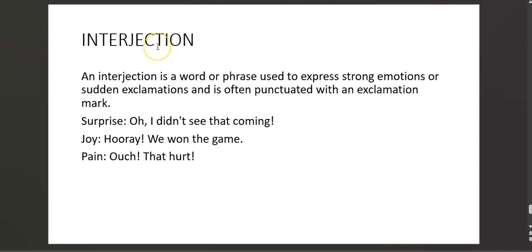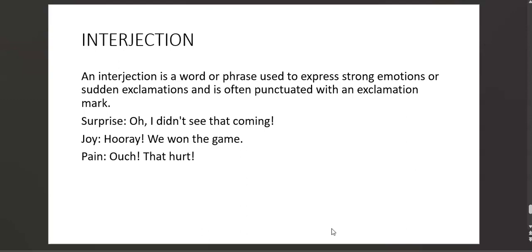An interjection is a word or a phrase used to express strong emotions or sudden exclamations, and is often punctuated with an exclamation mark. So interjections are used to express emotions.